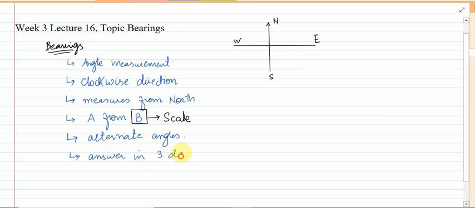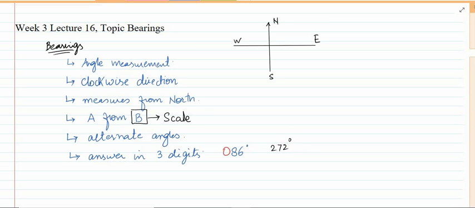Let's suppose your answer is 86 degrees of bearing, so you will write it 086 degrees. That is the rule to define the bearing, that it must always be like 086. But let's suppose your angle is 272, now it is already in 3 digits, so no need to add 0 at the beginning.